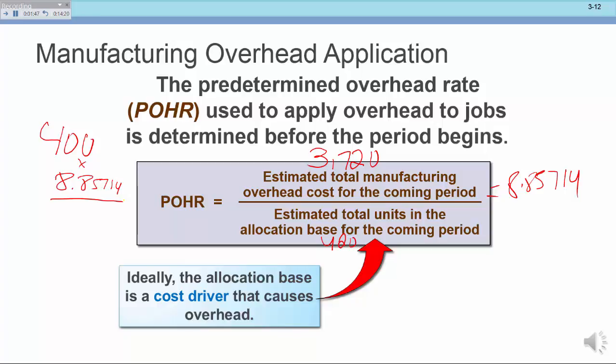Right? I'm glad we're not taking the test tomorrow. So 400 times 8.85714 is how much? Say it again. 3,542, you say? 0.856.